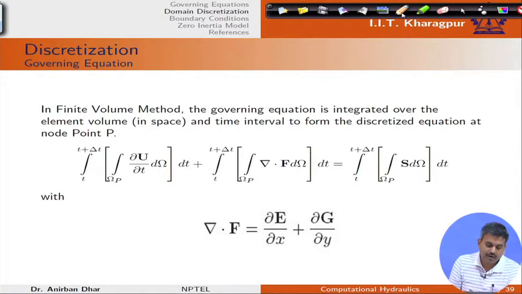As per the finite volume method, the governing equation is integrated over the element volume in space. So, what is that element volume? This is omega P. Now, in this omega P, if I integrate from t to t plus delta t, that means from the nth time level to the n plus 1 time level, obviously, we can write this with this integral sign.